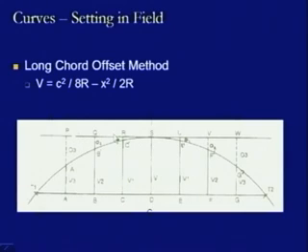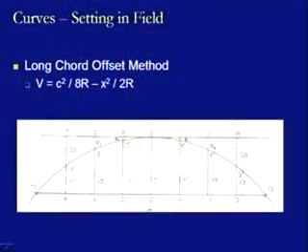If we take the value of x in this direction, we come to this point, and at this point we compute the value of V, and we will get this point, and this is how it keeps on going. So, this is the long chord offset method, and this is the center point. Similarly, the curve will be there in this direction, and similarly in this direction.